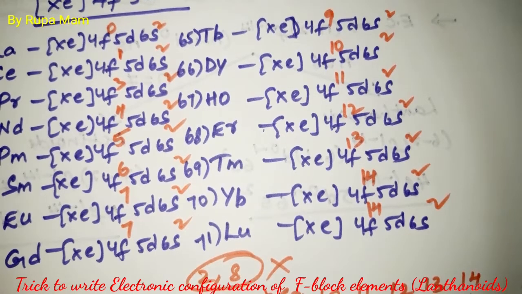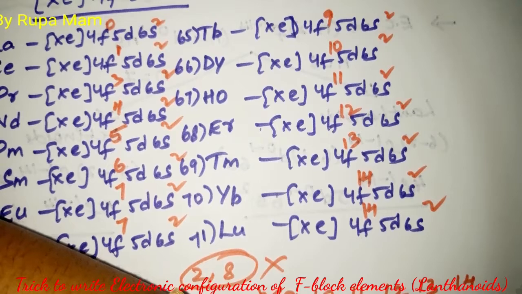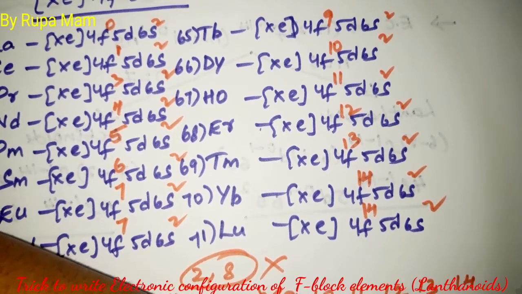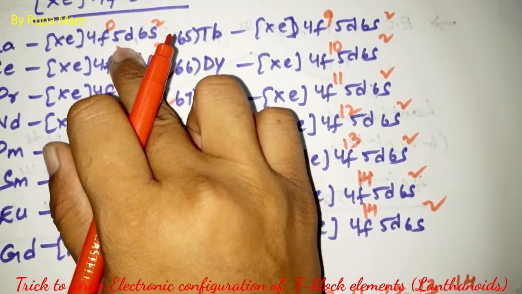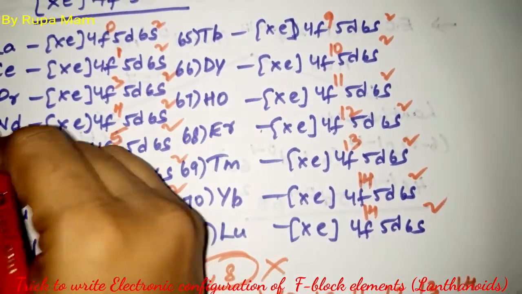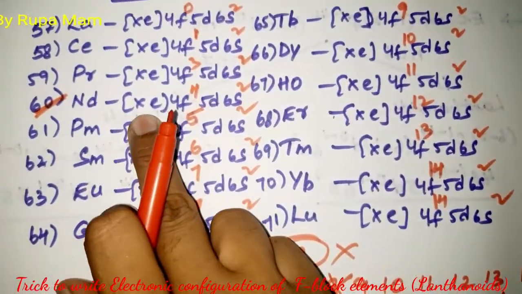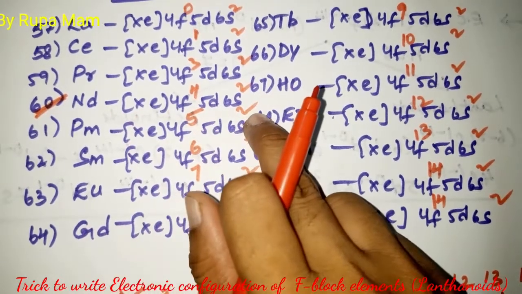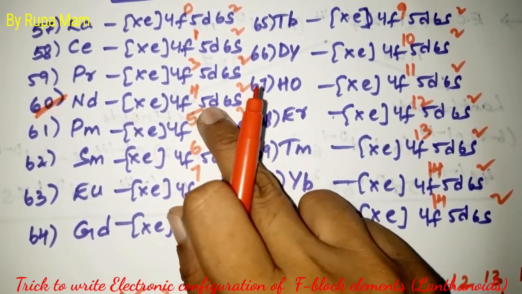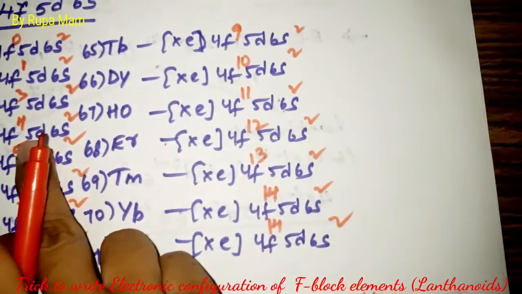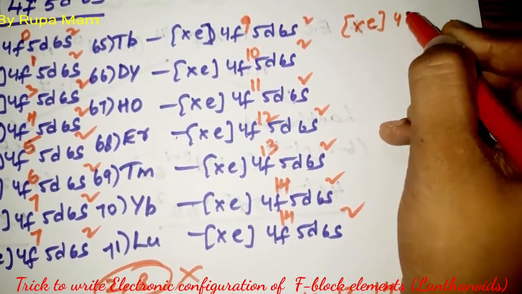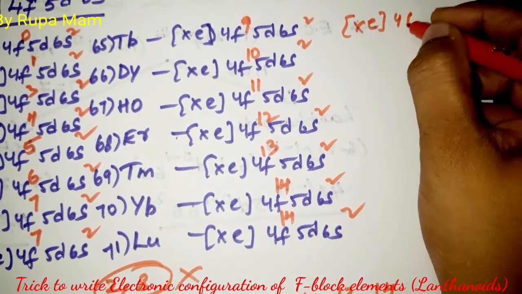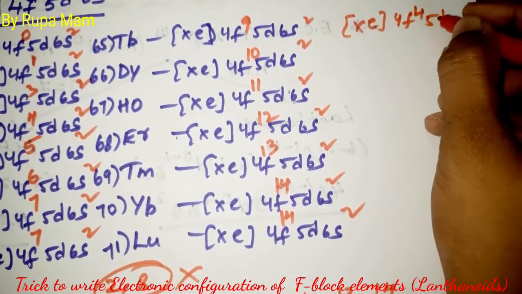Now coming to d. How do we fill d, students? Here xenon is there, f orbital is there, s is there. For example, take neodymium: xenon 4f4 is there, 6s2 is there. How many d electrons are filled? As we already know, xenon 4f4 5d 6s2.